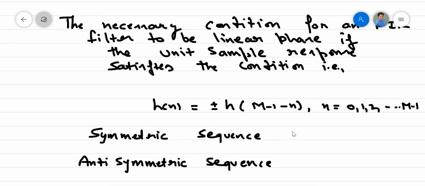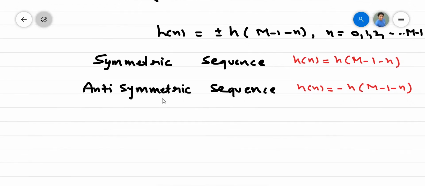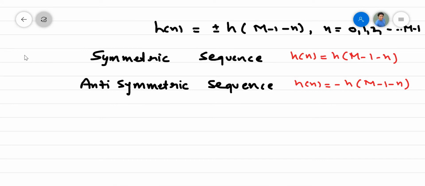For symmetric sequence, h(n) will be equal to h(M minus 1 minus n), whereas for anti-symmetric sequence, h(n) will be equal to minus of h(M minus 1 minus n). So these two sequences are also called even sequence and odd sequence.